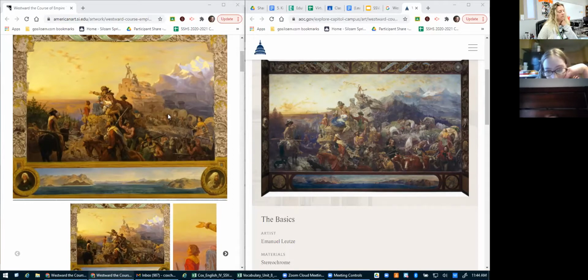It's right in here, and right in here. Here and here. What's the difference? Look at the difference between the two.